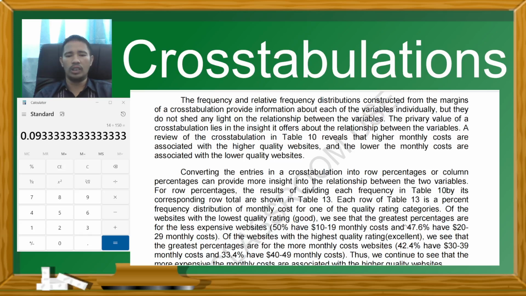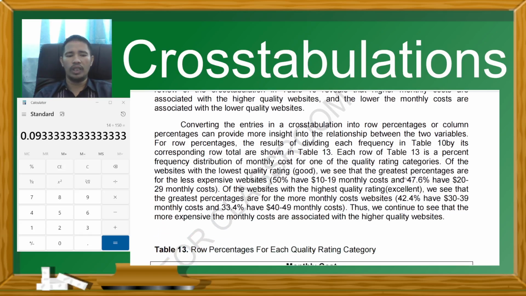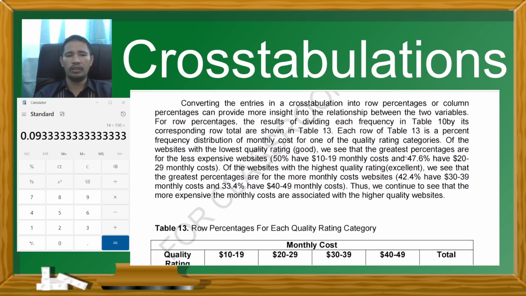So what we'll do next is convert the entries in a cross tabulation into row percentages or column percentages, which can provide more insight into the relationship between the two variables. For row percentages, the result of dividing each frequency in Table 10 by its corresponding row total is shown in Table 13.